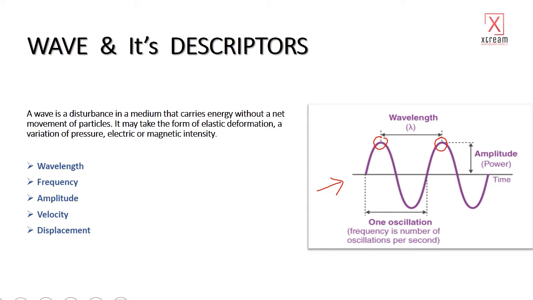Likewise, below, we have one and we have two. So the distance between these two identical points or particles is called the wavelength of a wave. It is denoted by the Greek letter lambda.